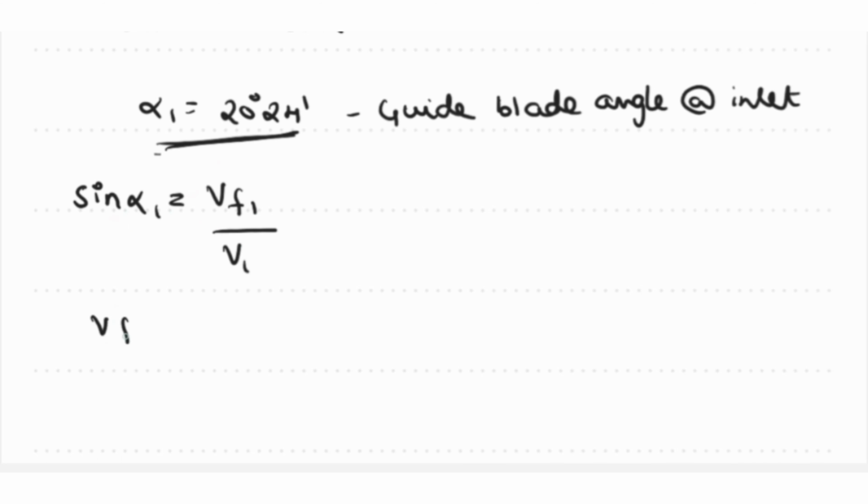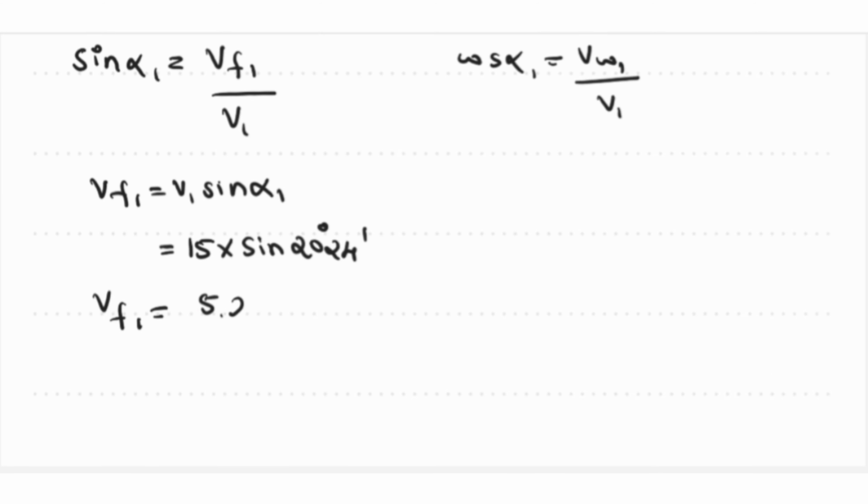So VF1 is equal to V1 into sin alpha 1. So V1 is 15 into sin of alpha 1, which is 20 degrees 24 minutes, equals 5.22 meter per second.